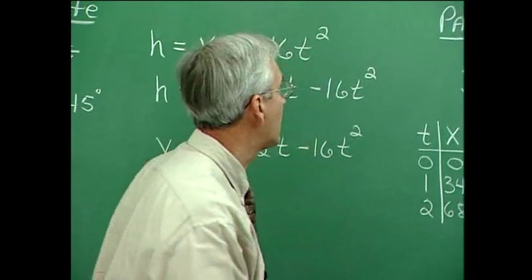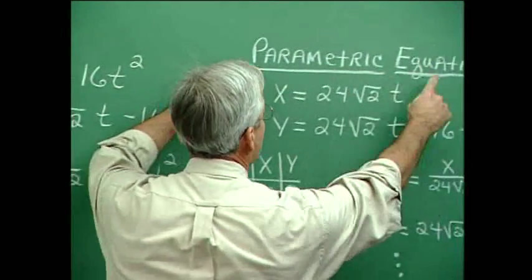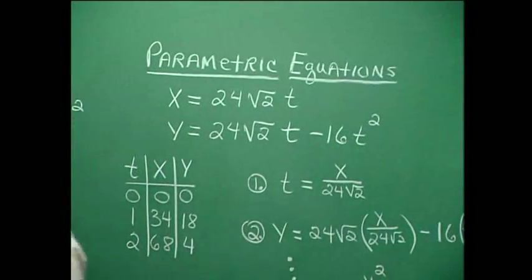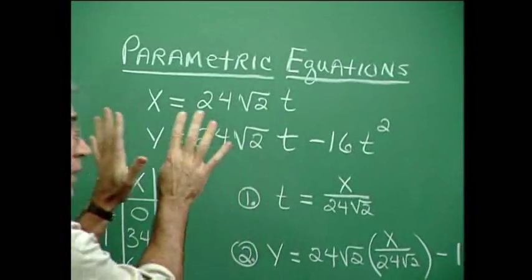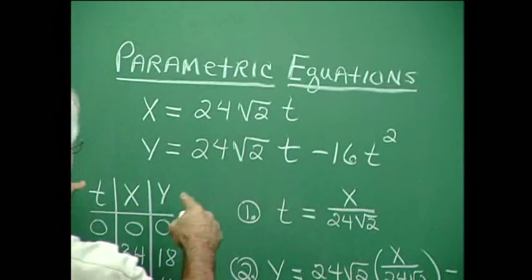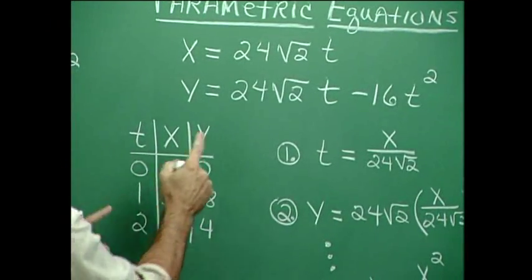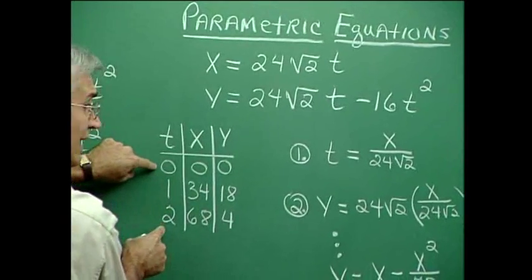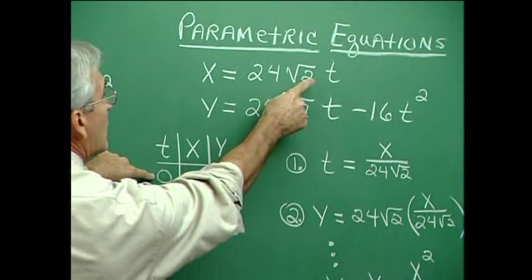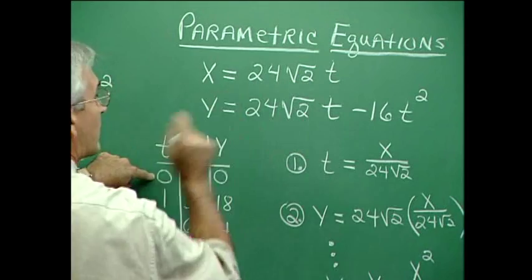Okay, let's see how we can analyze this. The parametric equations are these two equations. Now one way to analyze it is like this. We can make a table of values involving the three variables. So we could let t take on various values, and we could plug those various values of t into the separate equations.